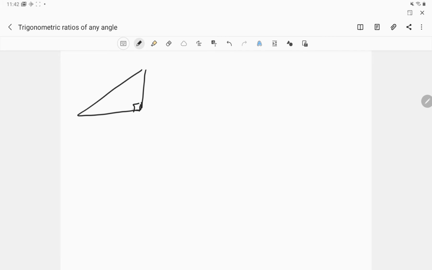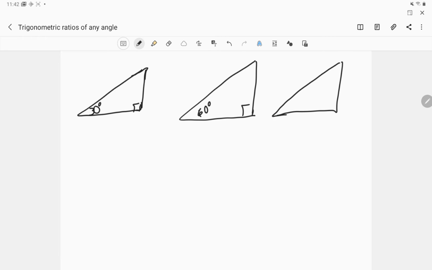That is a triangle that has a 30-degree angle in it, a triangle that has a 60-degree angle in it, and a triangle that has a 45-degree angle in it. All right, so these are triangles you just have to know.